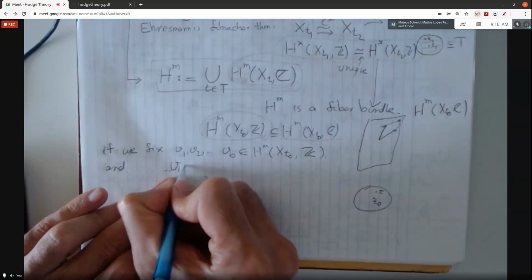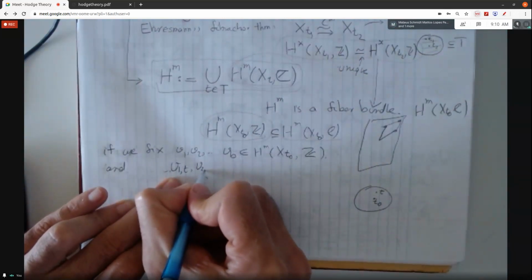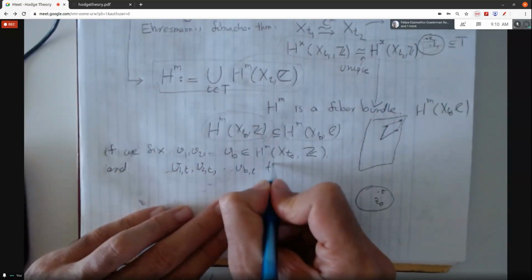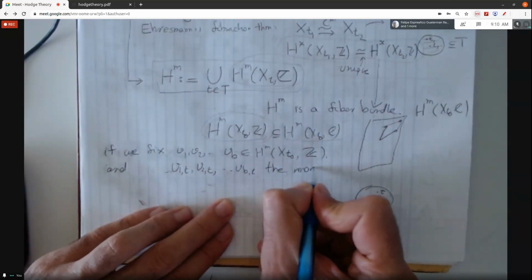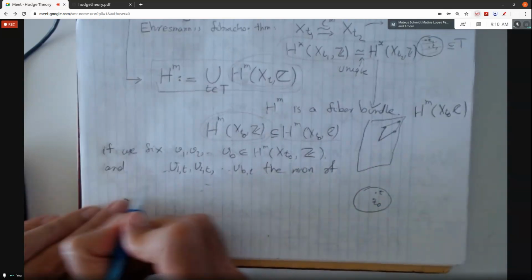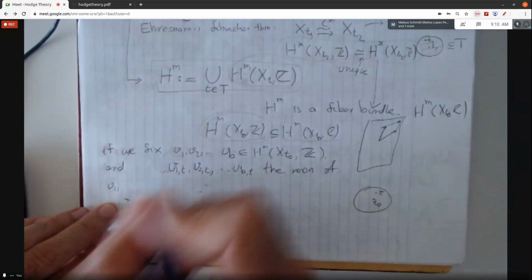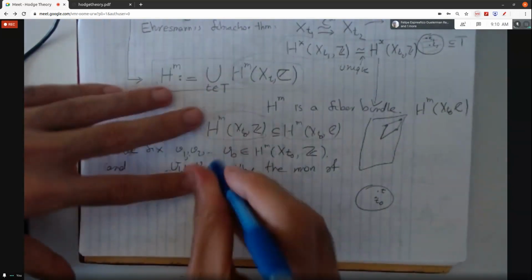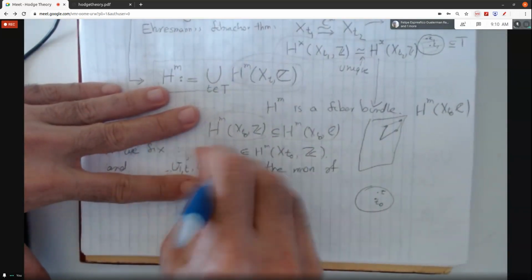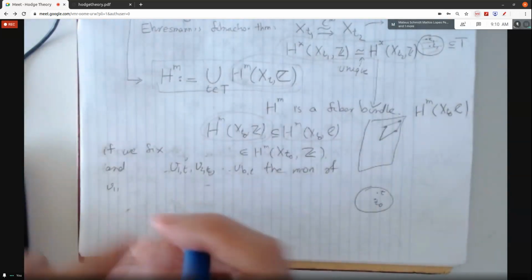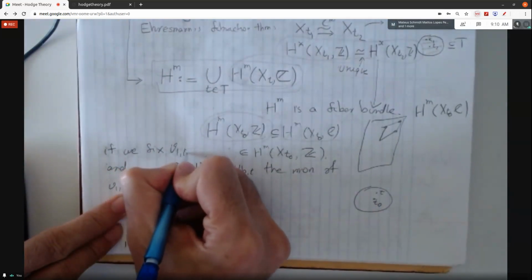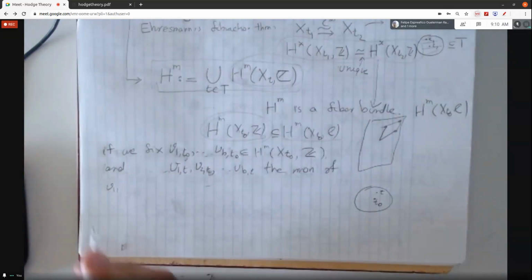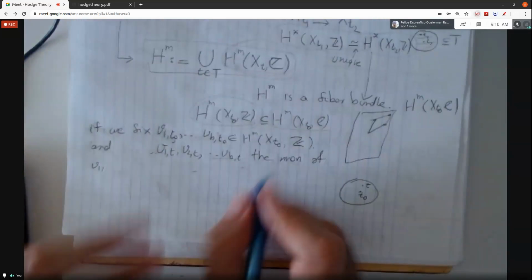So v1(t), v2(t), ..., vb(t) is the monodromy of v1. So we fix v1(t0), ..., vb(t0) here, and then we make the monodromy to arbitrary points.